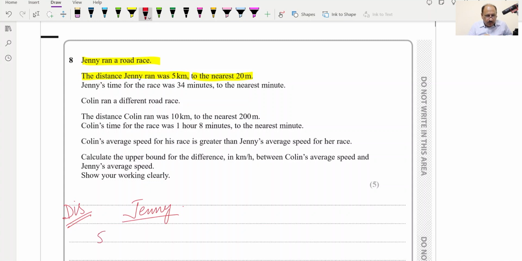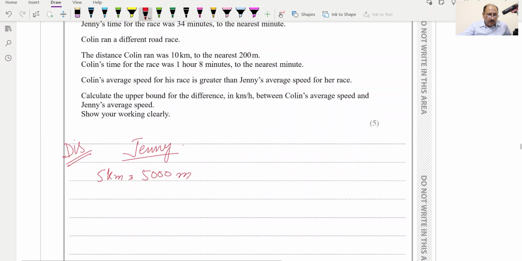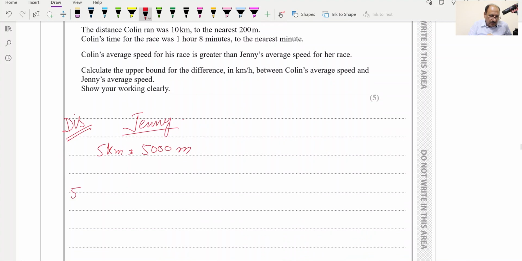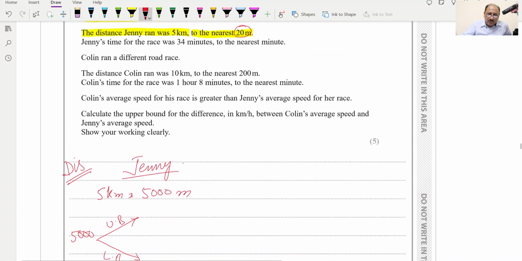So 5 kilometers will be equal to 5000 meters, and they're saying to the nearest 20 meters. So we can write the upper bound and lower bound of 5000. Upper bound of 5000 will be this one, and lower bound will be this one, and to the nearest 20 meter, they have mentioned over here.